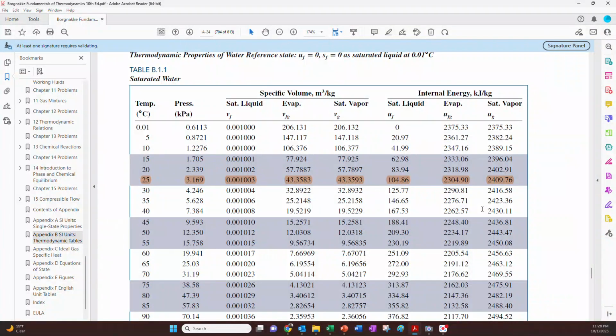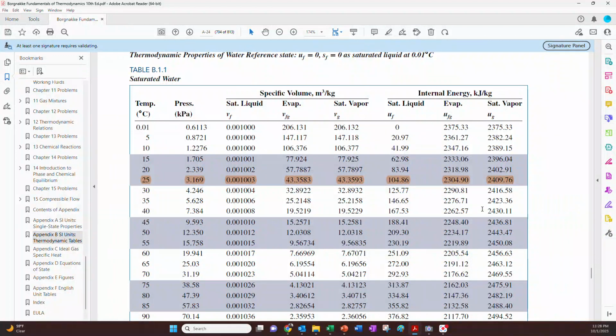The quality is going to go way down, put it that way. The VF is 0.001003, which hardly ever changes all that much. And I'm so tired, I just wrote pounds mass underneath it. It's not right; it's kilograms.